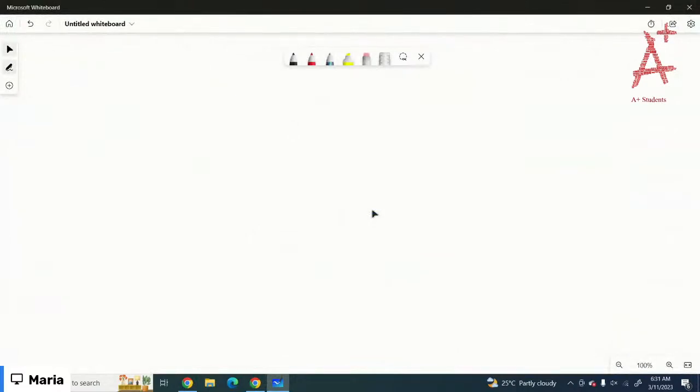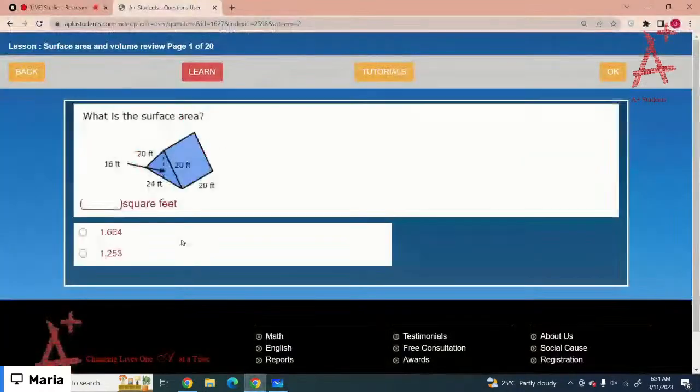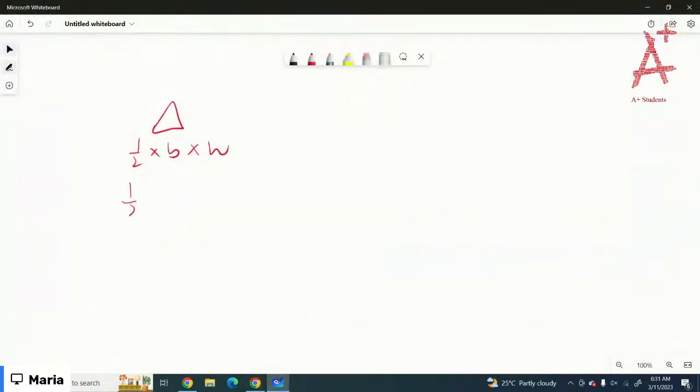For the triangular face, base is 24 and height is 16. So it would be half times 24 times 16, which is 192. The other triangular face is the same surface area, that is 192.